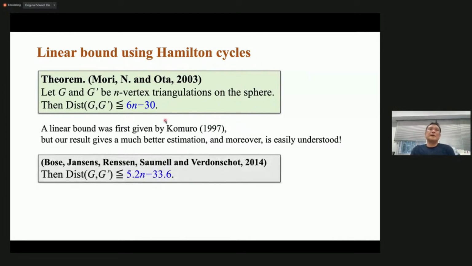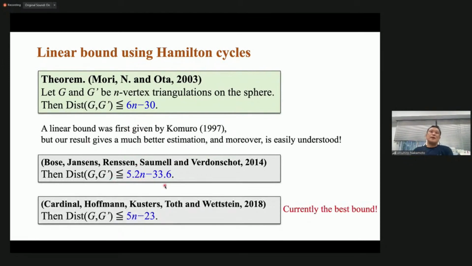After that, these people improved this 6n to 5.2n, and very recently, these people improved this 5.2n to 5n. I think this is currently the best bound. But we'd like to introduce this result.